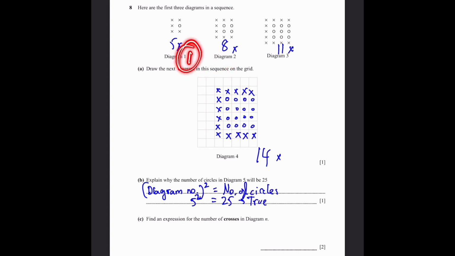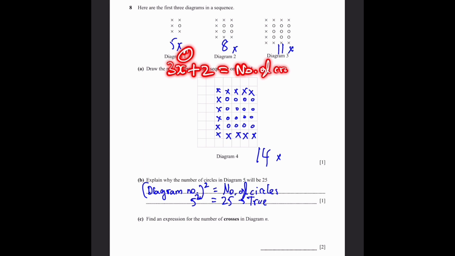And the 1 is actually the x. X value not being the number of crosses, it means the number of the diagram. Here's diagram 1. So the number of crosses will be 3x, which is diagram number, plus 2.